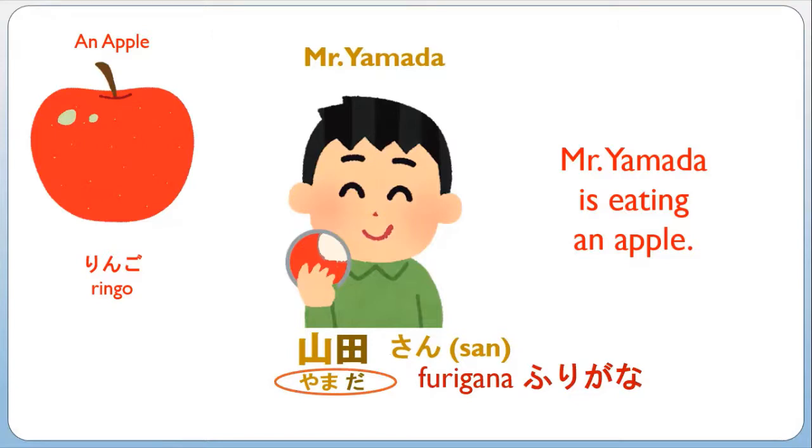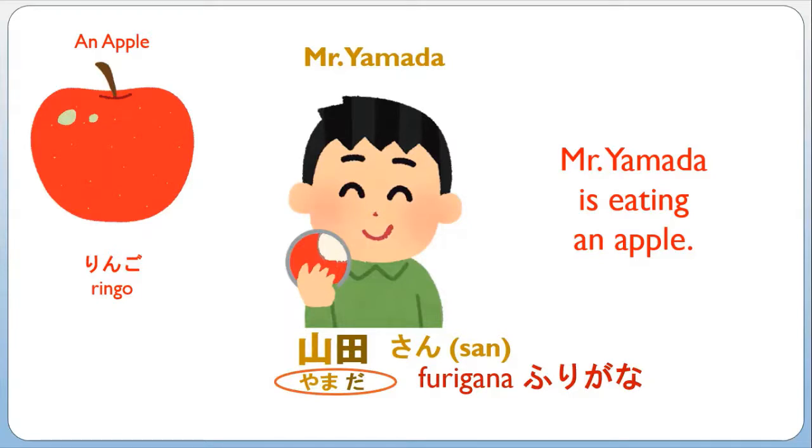If you look at this hiragana, it's written hu, ri, ga, na. Though it is hurigana, we should say furigana. So this is furigana. Okay. So people are coming in slowly. So please remember the sentence.